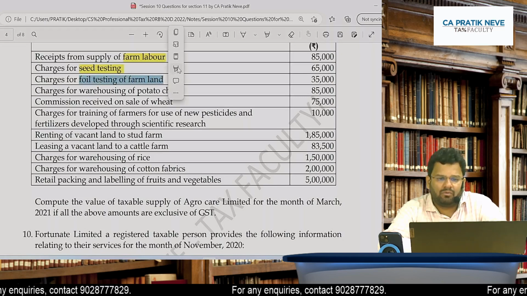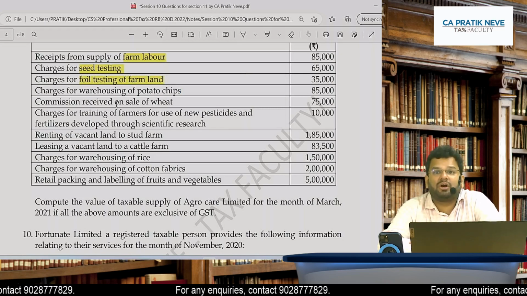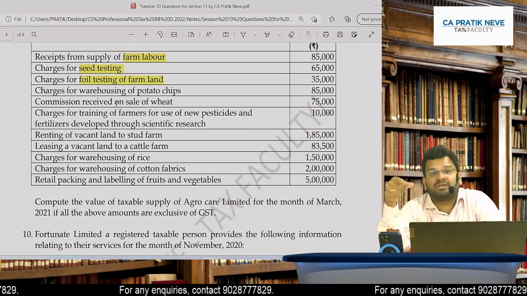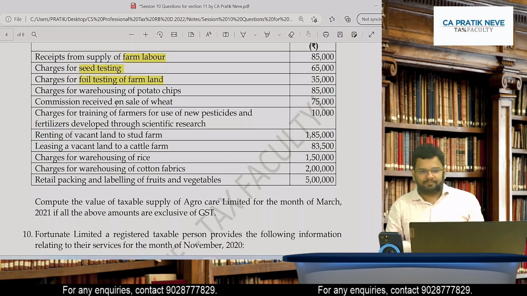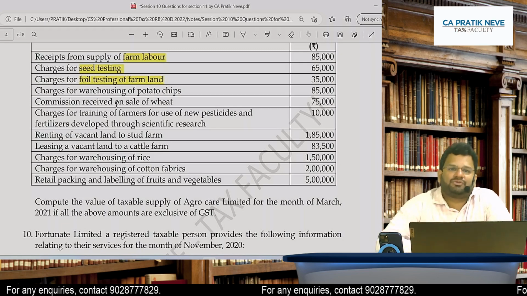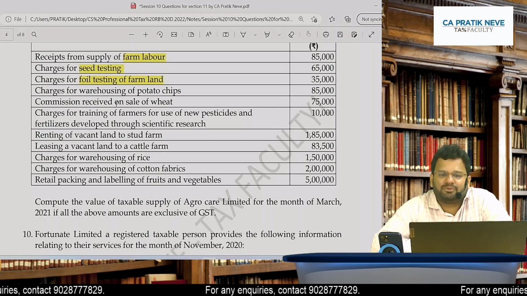Now one important point comes up. Charges for warehousing of potato chips. Basically warehousing of agricultural produce is exempt, but potato chips is not agricultural produce. If I say potatoes, it's agricultural produce.